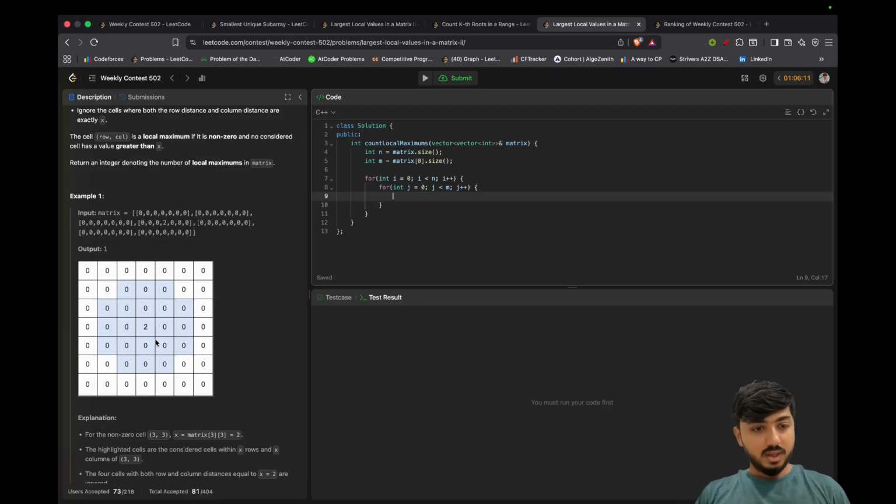What we can do here is, we want some kind of check that tells us... we can use some kind of prefix, right? Let's say this big. What is the maximum value of this?